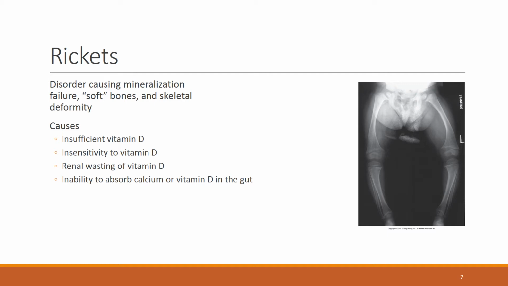It's correctable by administration of vitamin D, and the easiest case to correct, of course, is insufficient intake of vitamin D from the diet, which can be corrected by introducing it into the diet, but the other cases I mentioned may require more intense interventions.